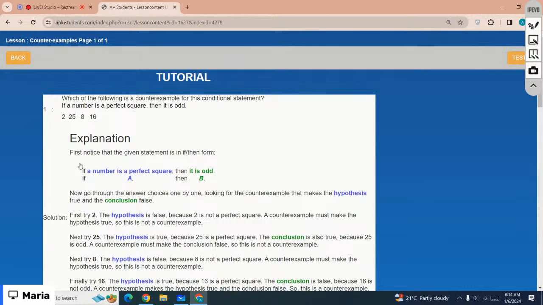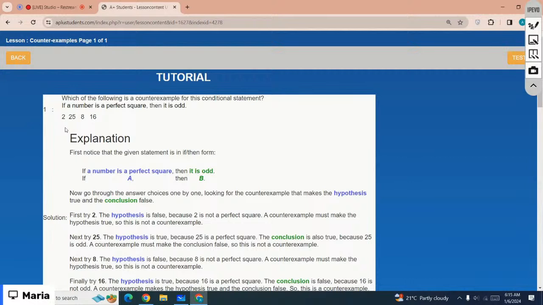So the conditional statement has the part if A then B. A is a number is a perfect square and B is it is odd, right? So you have to look for the counter example that makes the hypothesis true and the conclusion false.